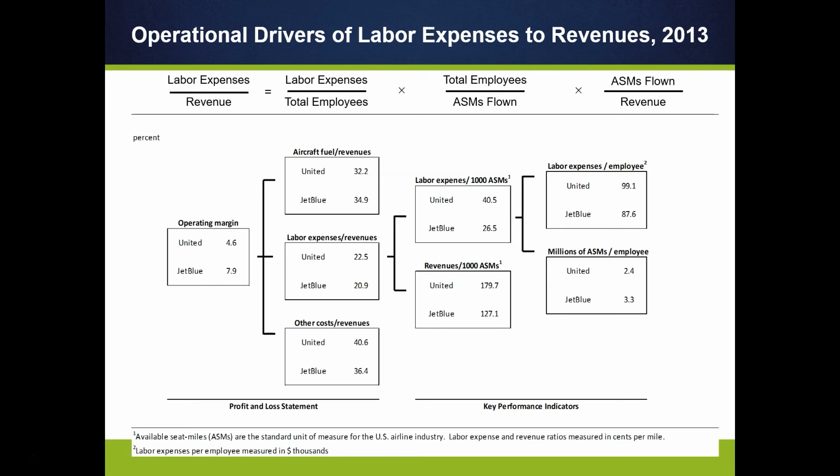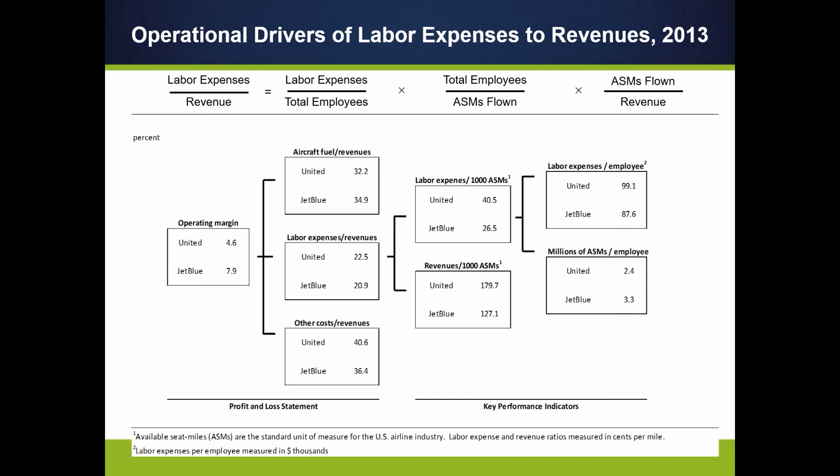We see labor expenses per 1,000 seat miles. So how much are they spending on labor costs for every 1,000 seat miles flown? And again, we see a big difference here. United is spending $40 on labor for every 1,000 seat miles. JetBlue is only spending $26. So not only are they paying their employees more, they're also paying more to fly the same distance.